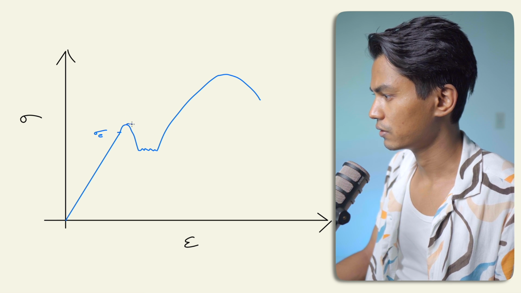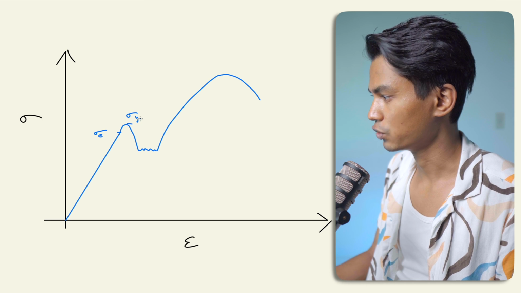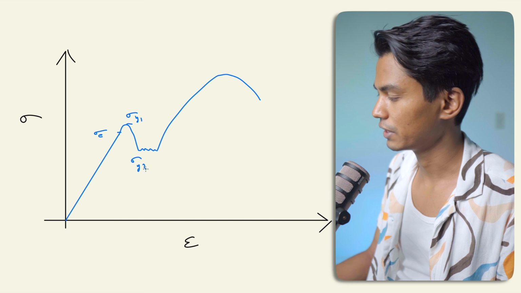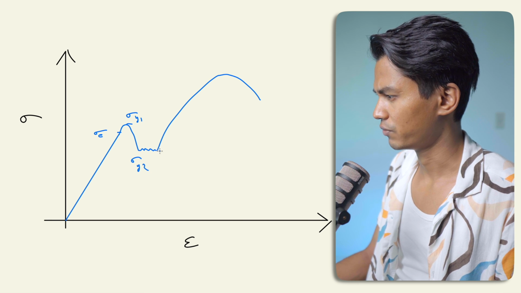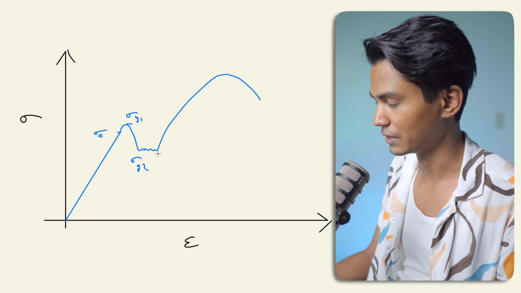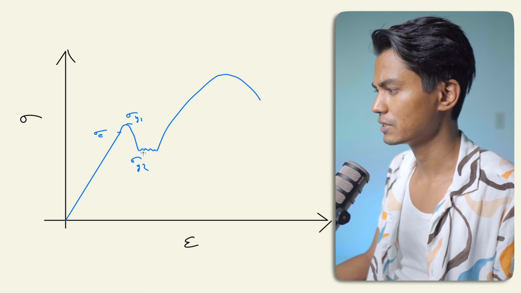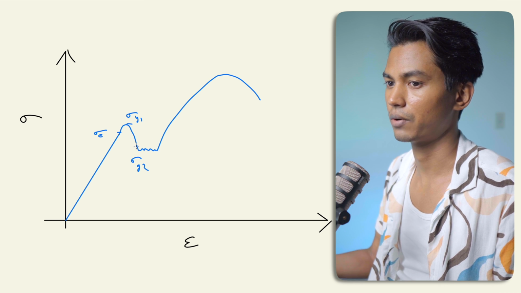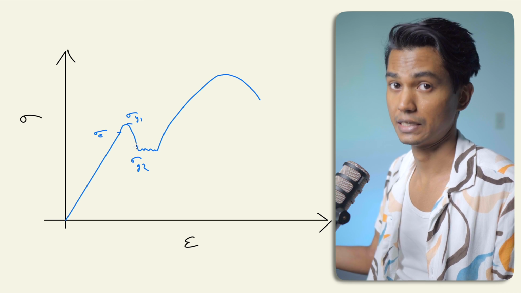This is your sigma y1, that is your upper yield point. This is your sigma y2, that is your lower yield point. There's no specific name for this, but sigma y2 will also be equal to the stress at this point. This is an interesting region because there's deformation without the load changing.